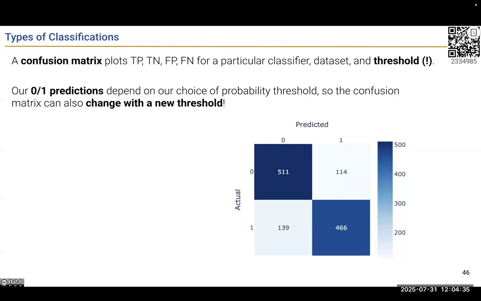But one that's important to us is also threshold dependent. Remember what the threshold is: that's the threshold where you convert the estimated probability from the logistic regression to the actual class labels. So depending on different thresholds, you are predicting different numbers of 0s and 1s, and that will change the numbers in this confusion matrix as well.